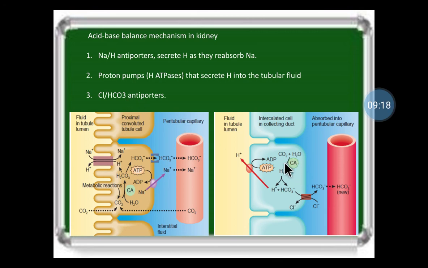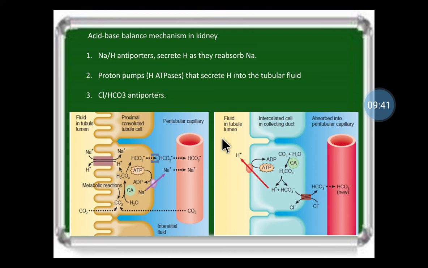Now see here, carbon dioxide and water form carbonic acid. That carbonic acid dissociates into the hydrogen ion and the bicarbonate ion. This hydrogen ion is secreted in the urine and the bicarbonate ion is reabsorbed in the blood.